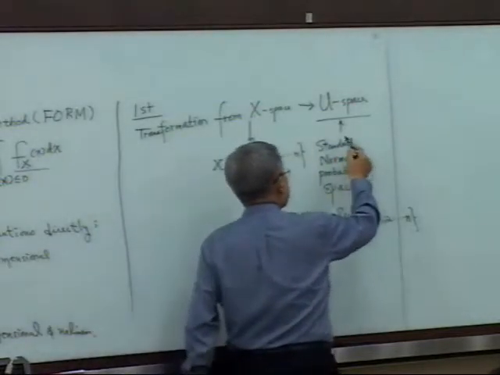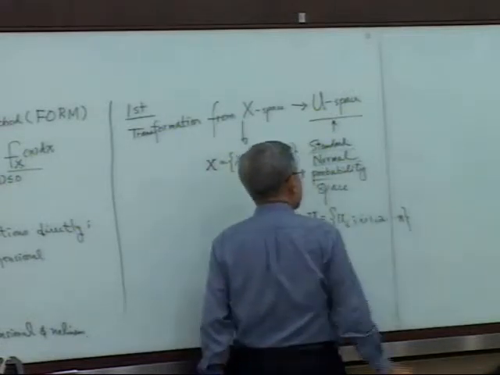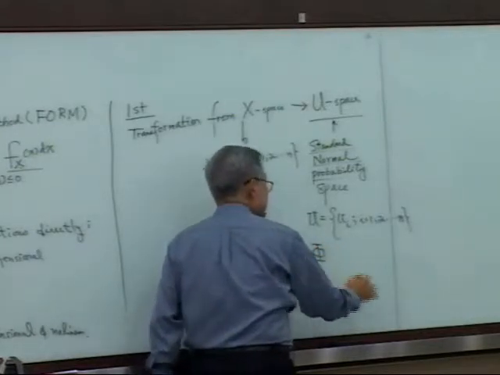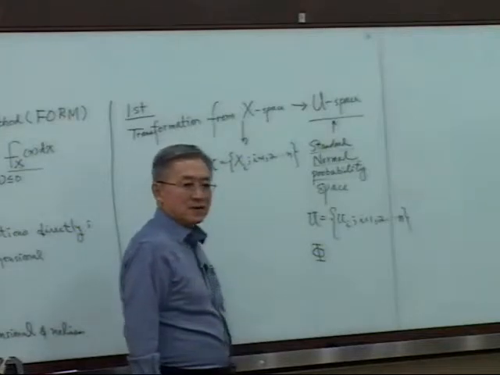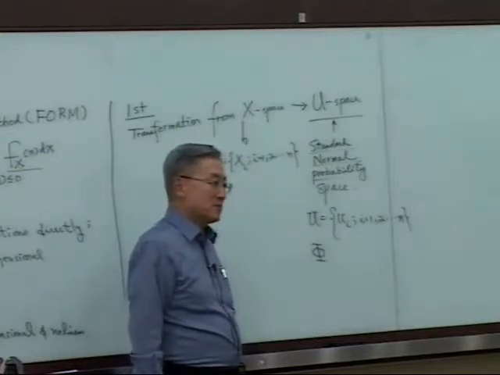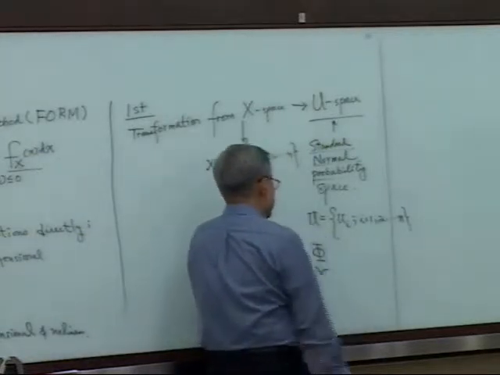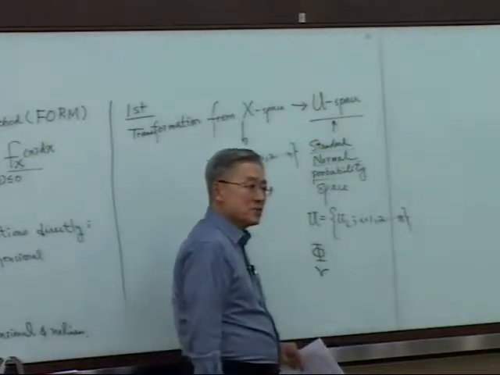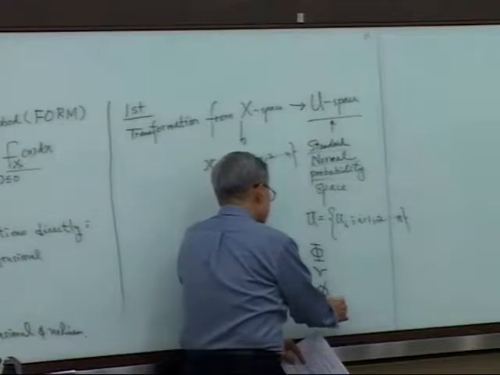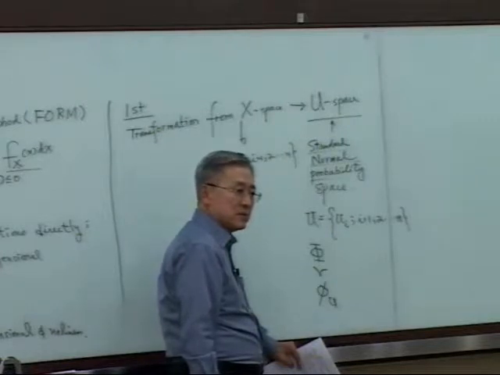And from here to here, U space is standard. When you hear about the standard normal probability space, you already think of the standard normal probability function, right? Phi. So I use this as the distribution function, and maybe we can use this guy as a U density function.